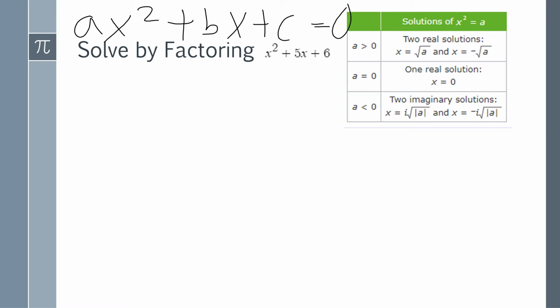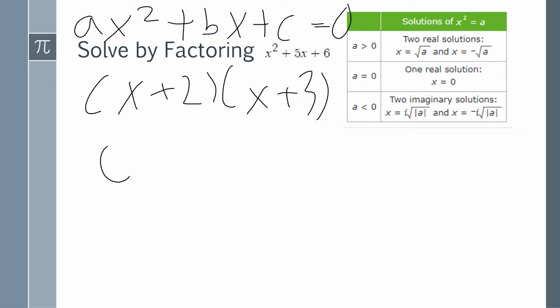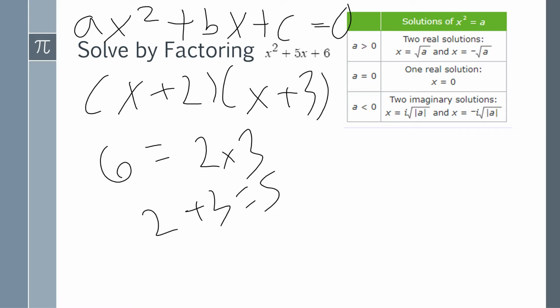So, when we factor, we know that we get x plus 2, x plus 3, simply because when you're factoring by 6, 2 times 3 gives you 6, and 2 plus 3 gives you 5. So we know that part.